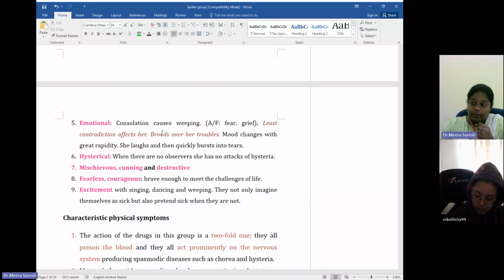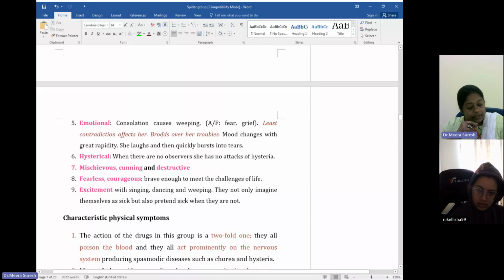She will have complaints from unrequited love, but she sits and broods, and she contemplates suicide, but not exactly suicide. She's not that one. But mostly it will be an acute manifestation of hysteria, and also involuntary sighing, brooding, weeping.